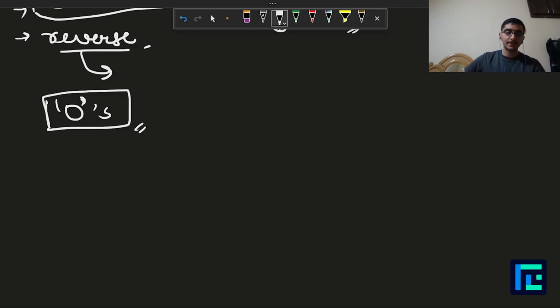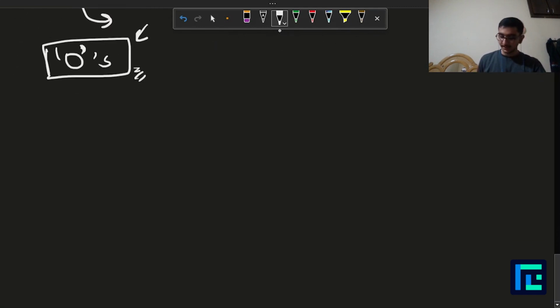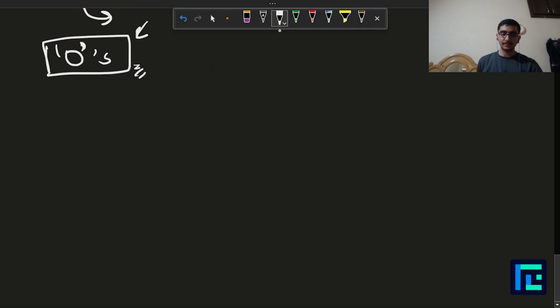We'll discuss that and we'll prove that as well. But we are sure at this point that the number of zeros do matter, because at every operation either we will reverse the string or convert a 0 to a 1, right? So the number of zeros should be considered. Keeping that in mind, let's discuss some cases.